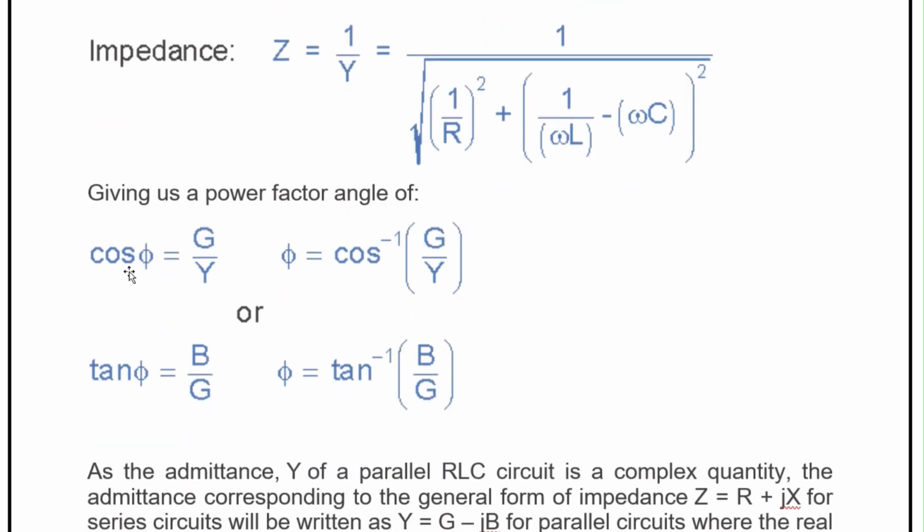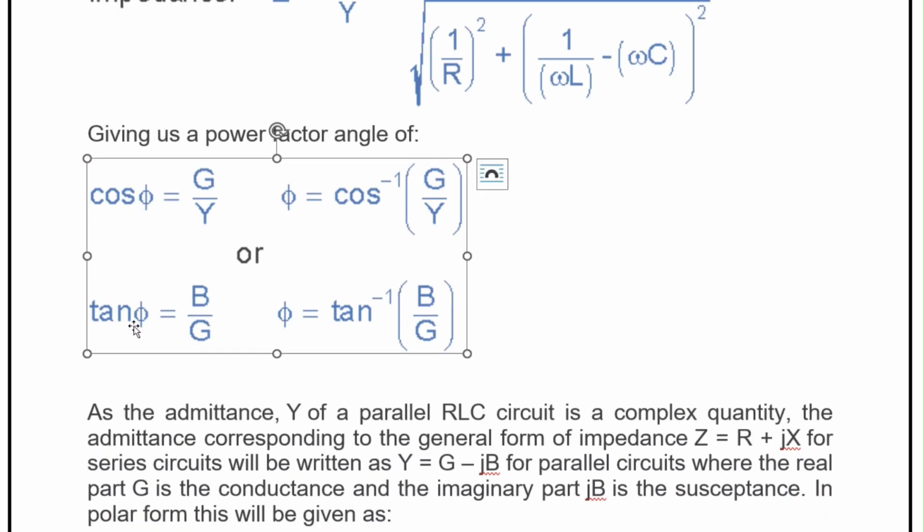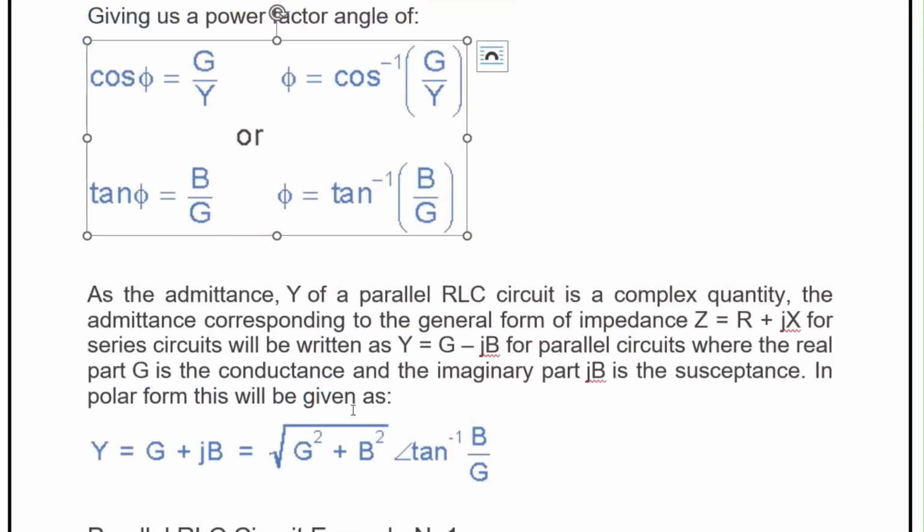Like we had cos phi equal to R by Z, here we have cos phi equal to G by Y, and phi will be equal to cos inverse G by Y. Similarly, we can have tan phi equal to B upon G, and angle phi is equal to tan inverse B upon G. This way you can calculate the angle of lead or lag.